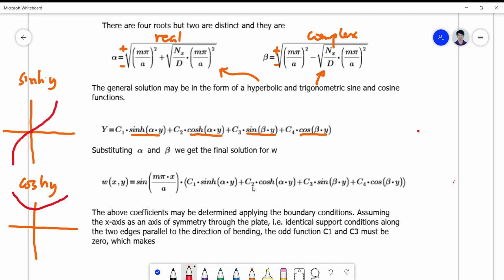Okay, a non-zero C2 will give you a value at any point along this curve here, which means to say, class, that C1 or this value here rather can be eliminated by setting this coefficient to be 0.